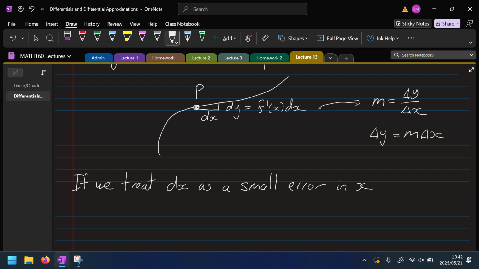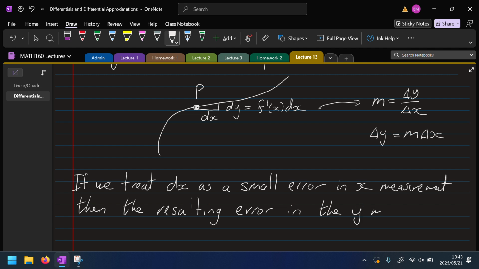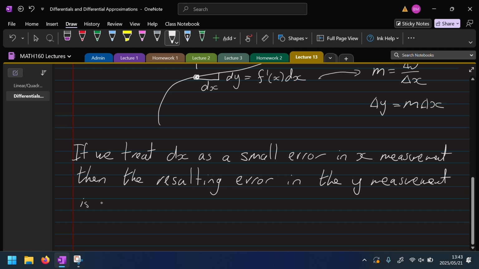So if we treat dx as a small error in the x measurement, then the resulting error in the y measurement is given by dy.